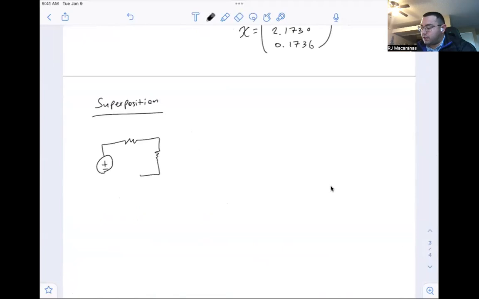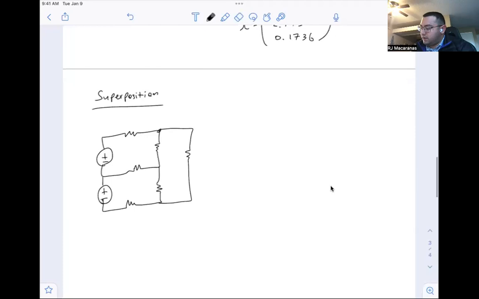So I'm just going to draw out the circuit again for us here. By superposition, we've got two sources, and VA, VB, and VC.